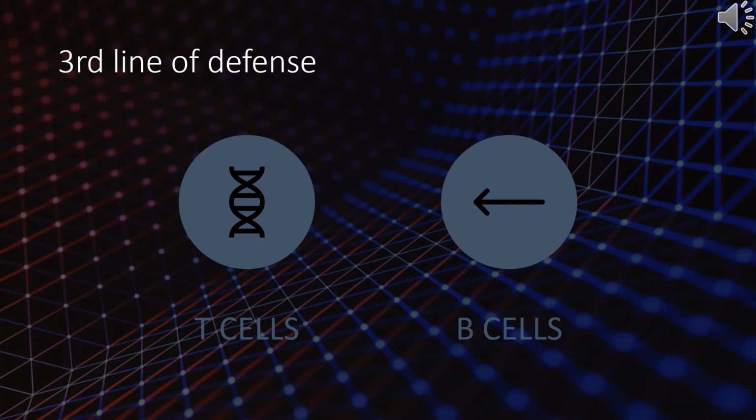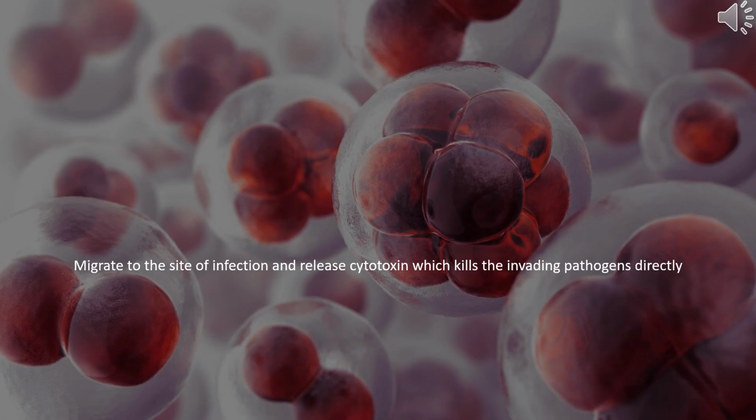And last but not least, the final third line of defense that our body has is going to be T cells and B cells. T cells as in Tango, B cells as in Bravo. Okay, so moving into the first example that I have for the third line of defense, it's going to be T cells, T as in Tango.